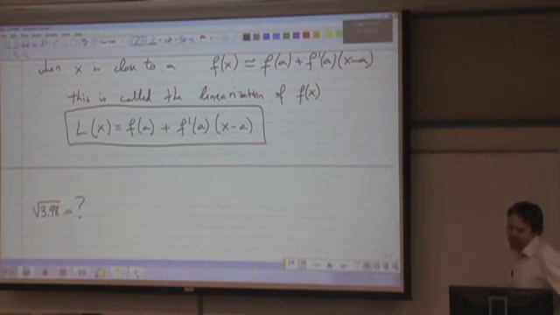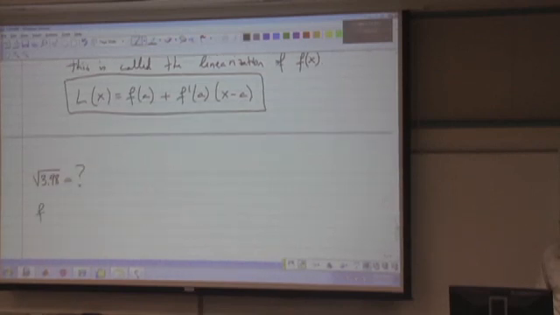Calculator. Of course, calculator. Okay. Well, here's the idea. How about if you look at f of x equals the square root of x plus 3. Can we come up with the linearization of f of x?